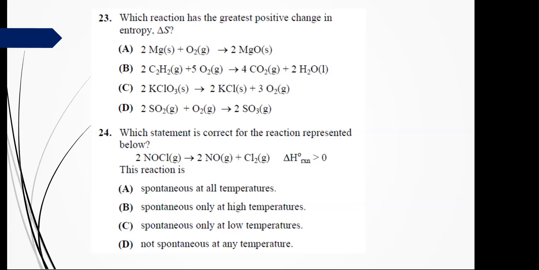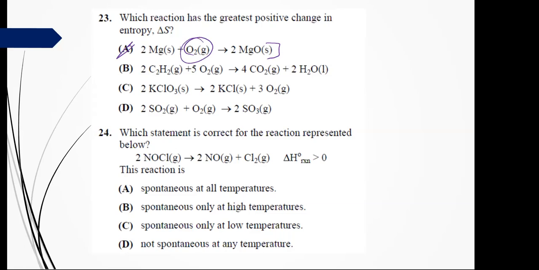Like if we look at A here, is that even going to be a positive change in entropy? So it's not going to be a positive change because we're taking our moles of gas and we're going down in them. We'll also be becoming more connected, right? So it's not going to be A because that's not positive.